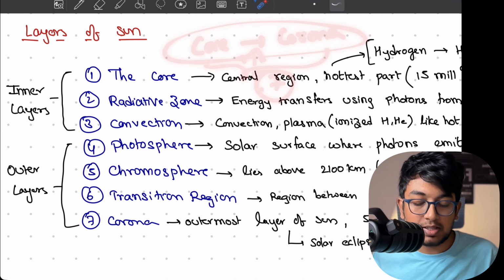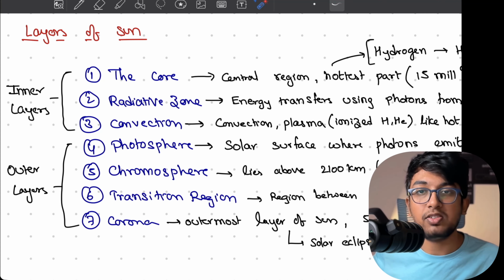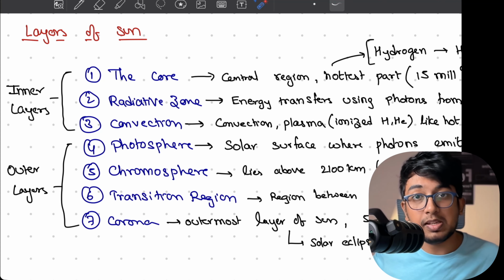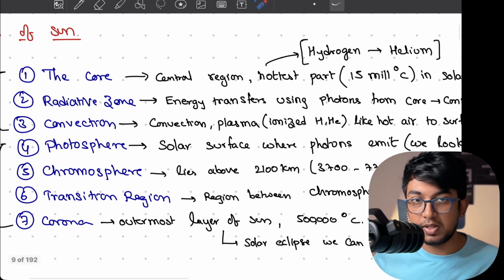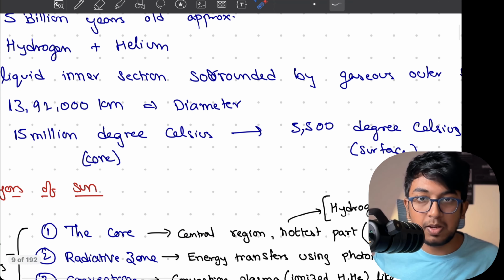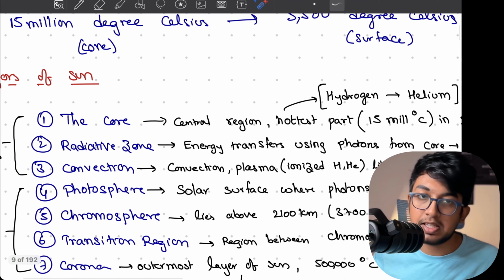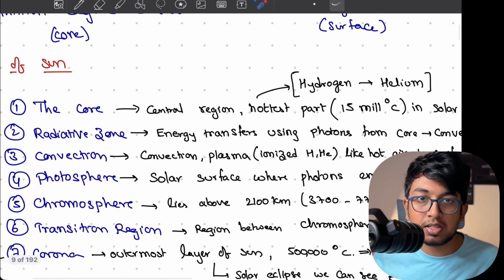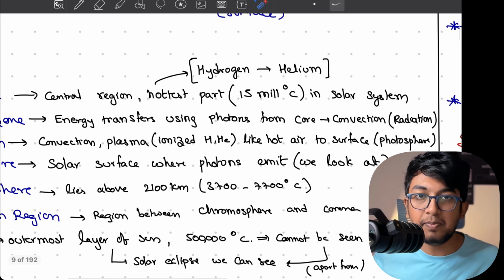These 7 layers, the first 3 layers which you see here are inner layers. The first layer is called the core. This is basically the central region and it is the hottest part of the sun. As I have told you before, it is around 15 million degrees Celsius. This is the part where hydrogen is converted to helium.